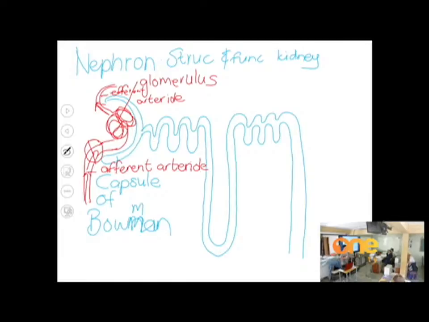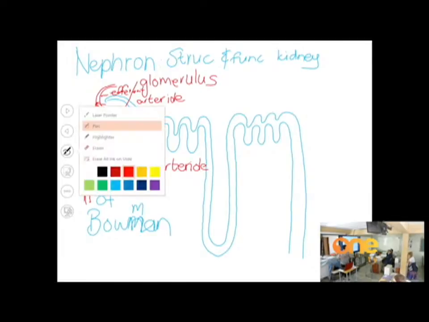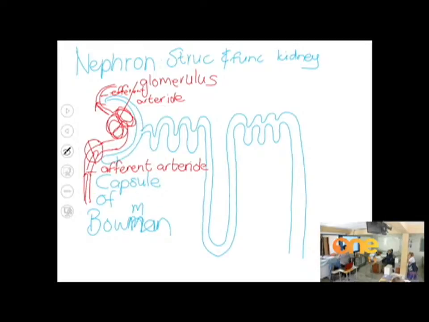Now, excuse my Afrikaans, but in Afrikaans I know how to say this. A means in Afrikaans na. Na die glomerulus. Afferent arteriole brings blood towards. Affer, na. Towards. You see? And the E is vir weg. E, weg. Van die glomerulus. Okay?